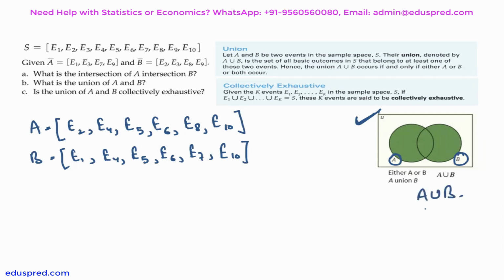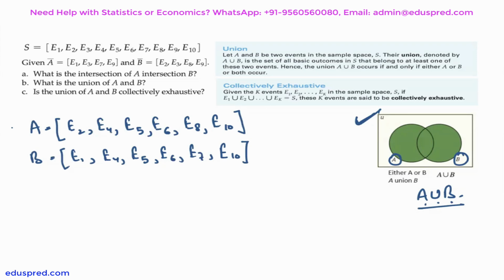And the way we write it is A union B. So basically an element can be a part of A, it can be a part of B, or it can be a part of both A and B. But whatever common outcomes we have, we are only going to write them once, right? So that is what we are going to keep in mind, that the common outcomes will be written only once in A union B.